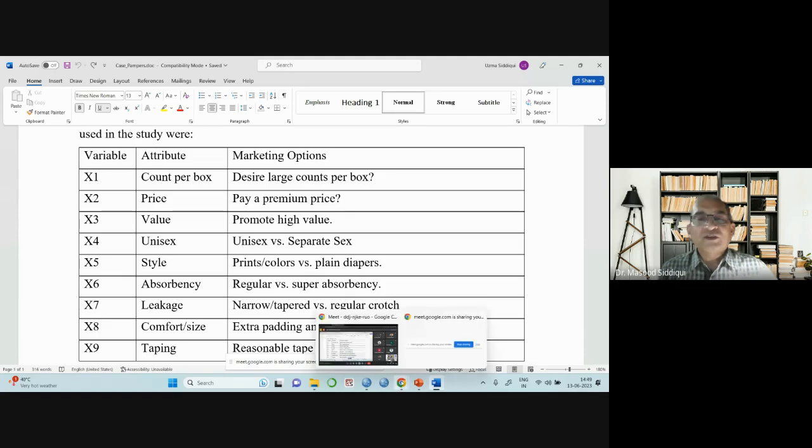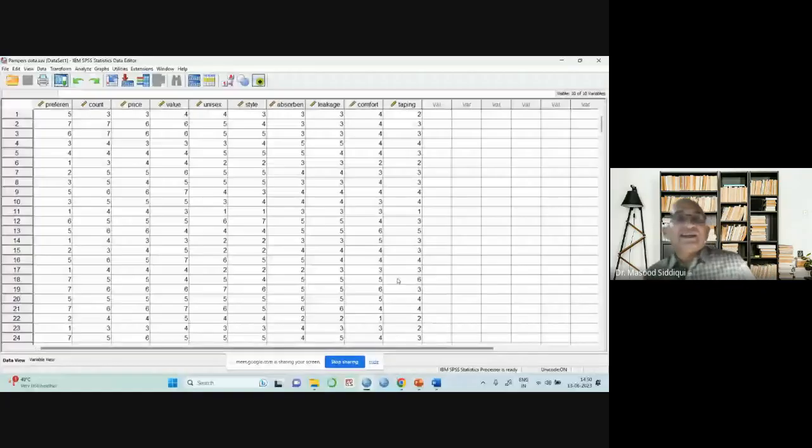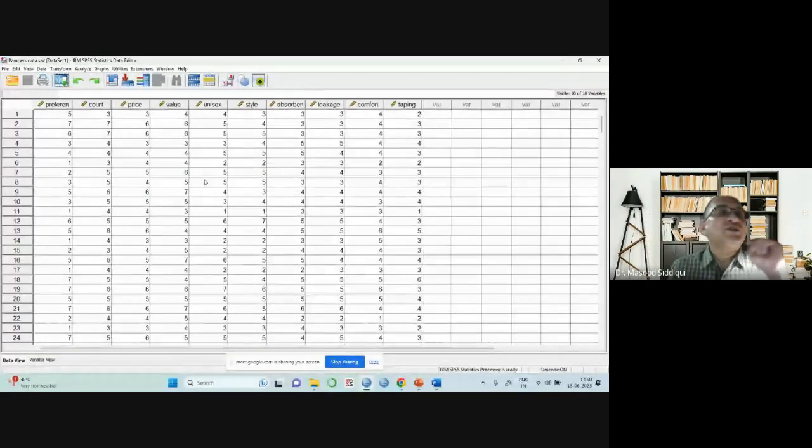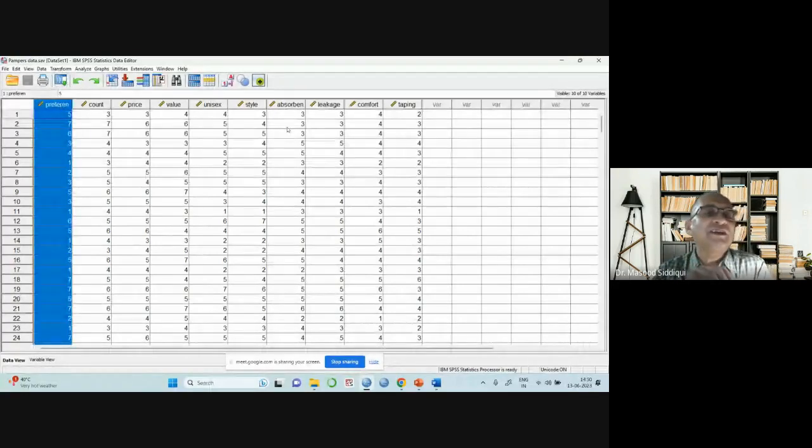Okay. So just a moment. Okay. So now I am sharing the case and we will be discussing. So this is the data set that we are going to use. Here we are not using this variable, that is the preference, which is actually the dependent variable.